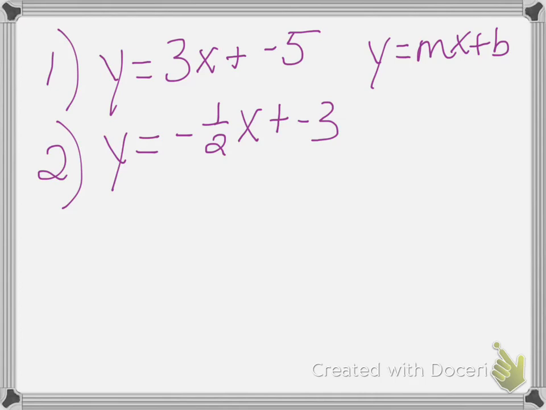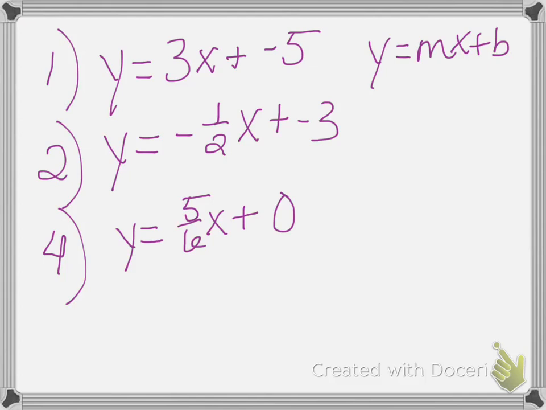Let's skip down to number 4. They give us a slope of 5/6 and a y-intercept of 0. Once again, we plug in the slope where the m is, and we plug in the y-intercept where the b is.